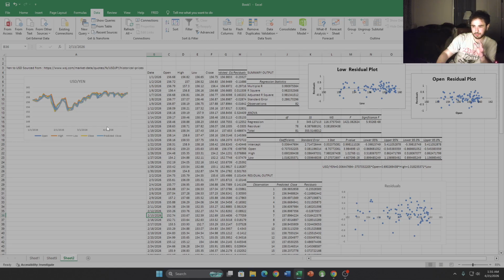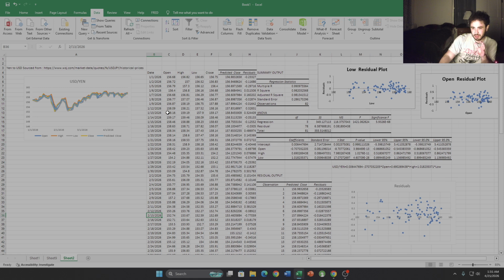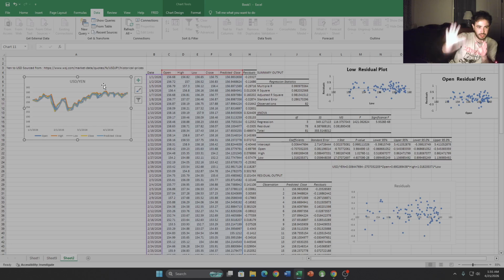So this looks jank, and bear with me, but all that really matters is this chart to the left, where I have five lines on there: the open, the high of the day, the low of the day, and then the close, along with the predicted value, which I grabbed from running a regression.